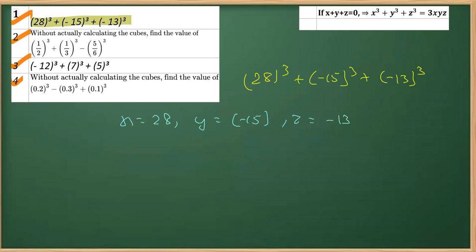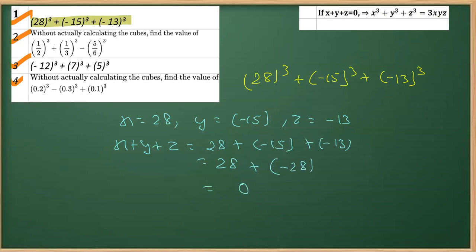Now we need to show the working that x plus y plus z is 28 plus minus 15 plus minus 13. So this is 28, and the sum of minus 15 and minus 13 will give you minus 28. So what we are getting is 0.